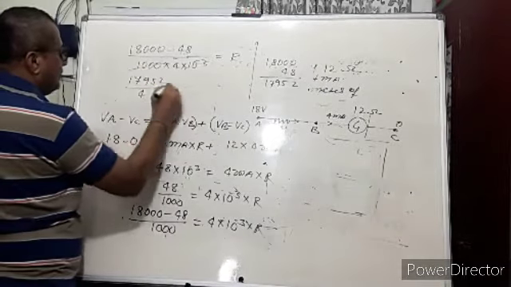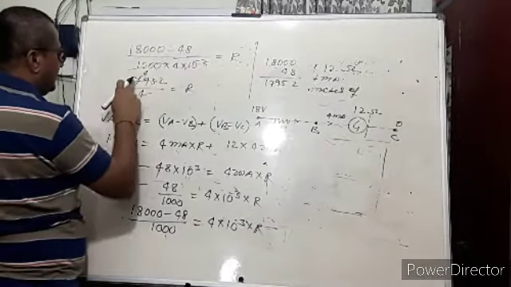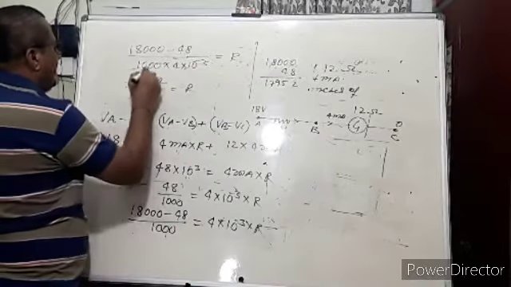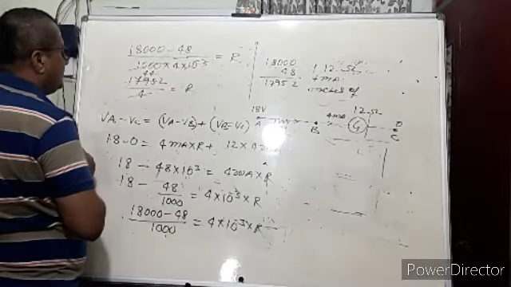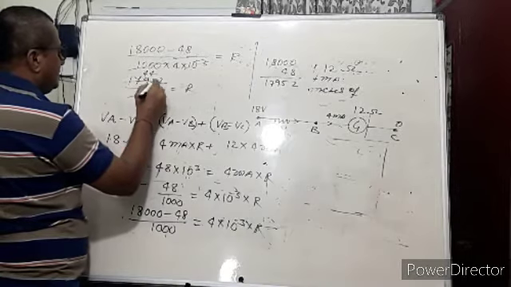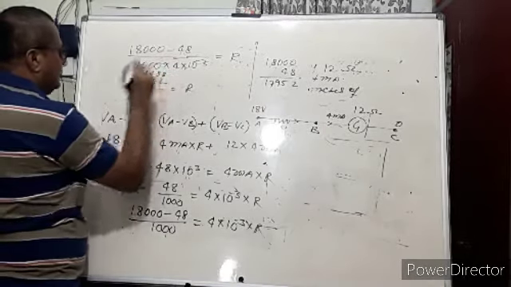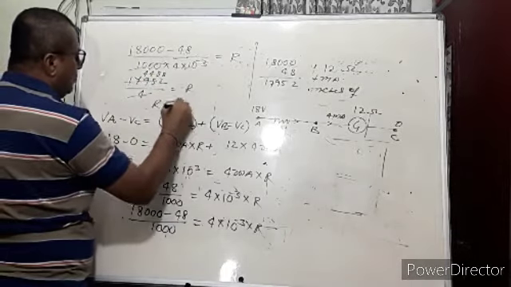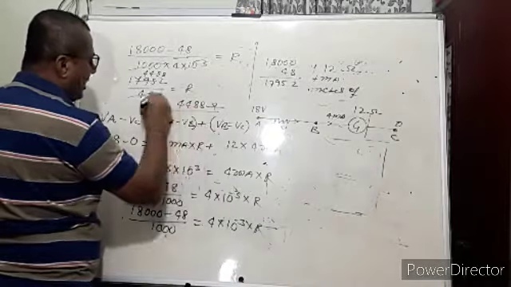Divided by 4 is equal to R. 4 4 are 16, 1 4 4 are 16, 4 8 are 32. Means R will be equal to 44880. That is a very high resistance.